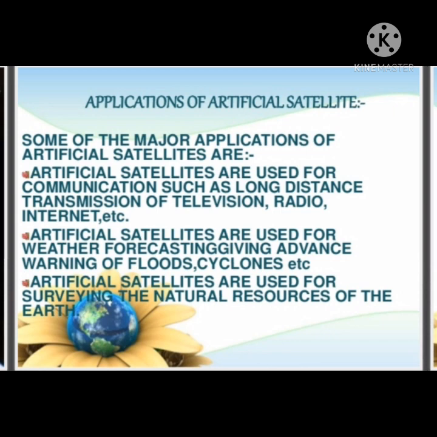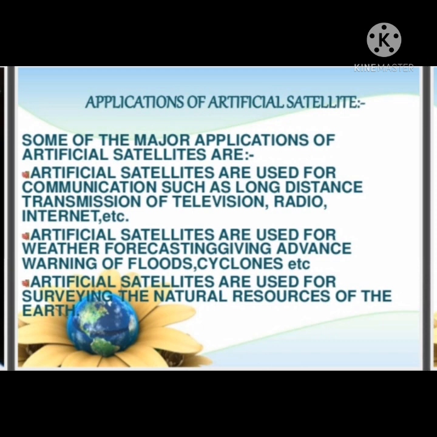Then artificial satellites are used for weather forecasting, giving advance warning of floods, cyclones, etc. We can gather the information earlier only with the help of these artificial satellites. They can detect cyclones, winds, and support weather forecasting.